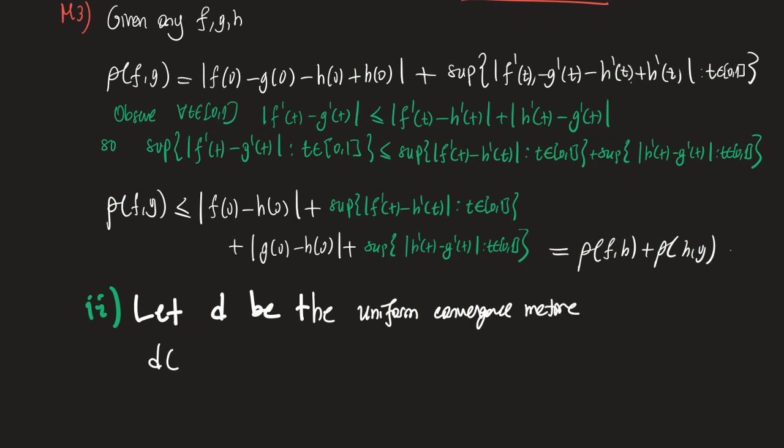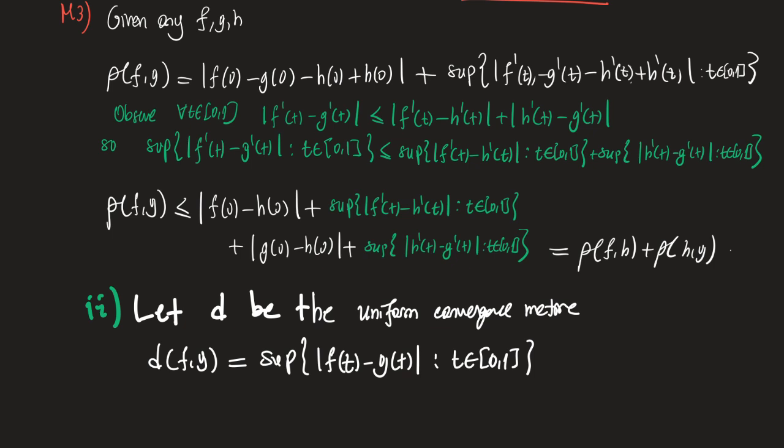I mean, d(f,g) is defined to be the supremum of |f(t) minus g(t)| for all t on this C1 space, and it is a metric. So I'm going to show that this d(f,g) is less than or equal to rho(f,g).